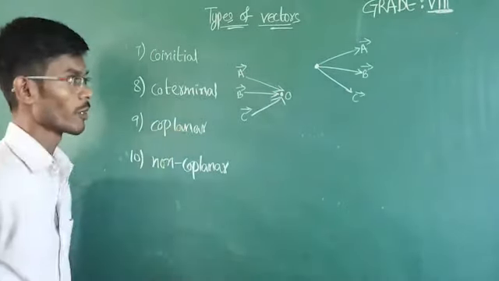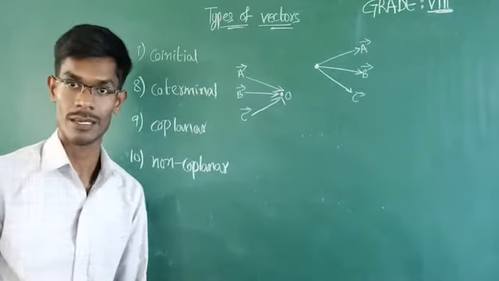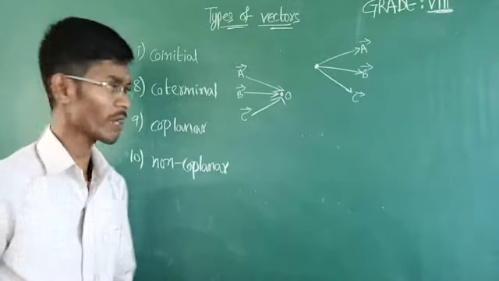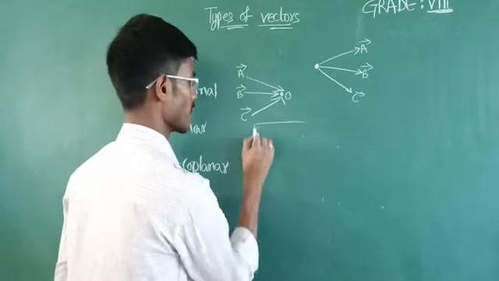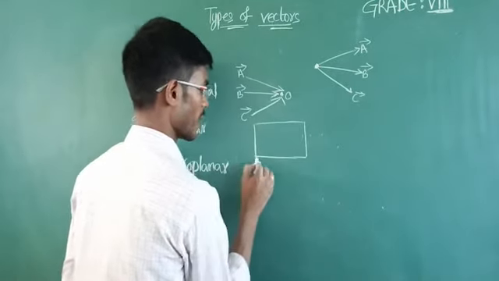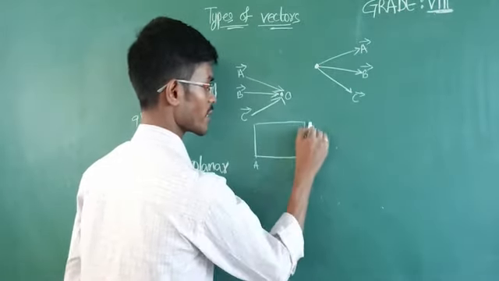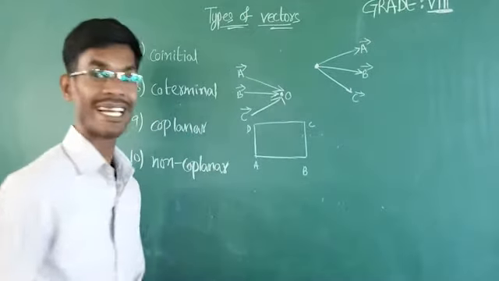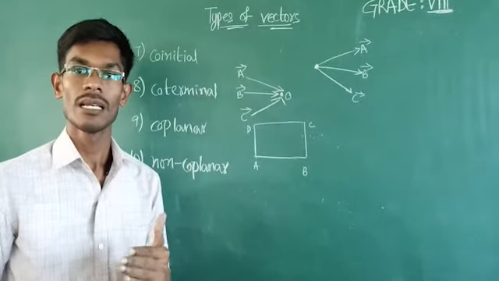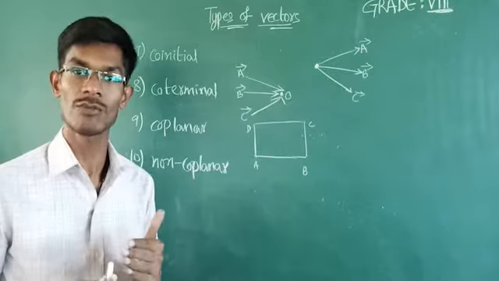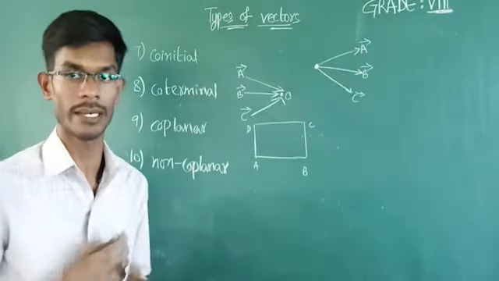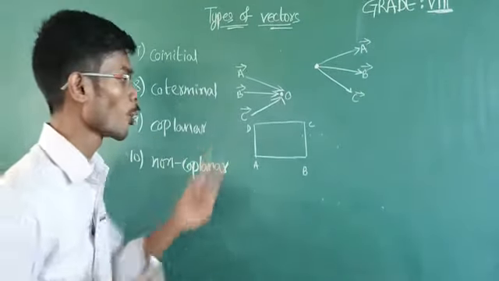Then what about coplanar vectors? If you consider a plane ABCD, the vectors which are lying on the ABCD plane, or the vectors which are lying on the same plane, are called coplanar vectors.